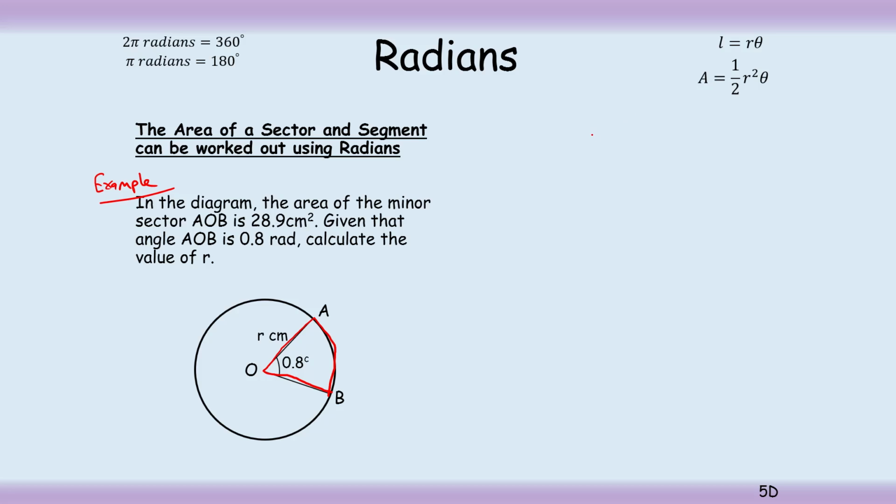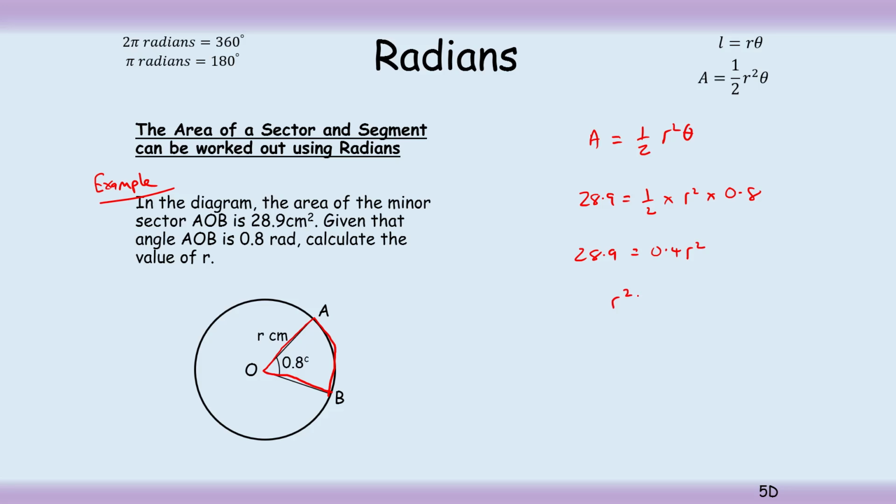So we know that A is equal to a half r squared theta. So what do we know? We want to find r, we know A, and we know theta. So if we plug that in, 28.9 is equal to a half times r squared times 0.8. So 28.9 is equal to, well, the half of 0.8 is 0.4, so it's 0.4 r squared.